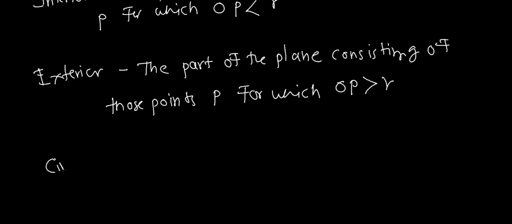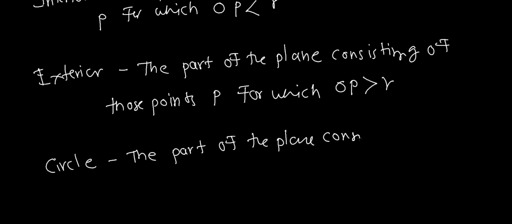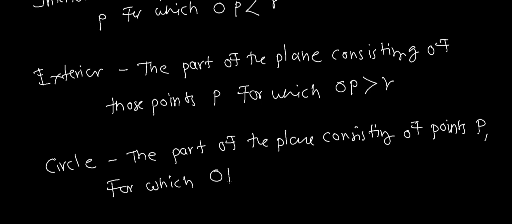And the last is the circle. This is the part of the plane consisting of points P for which OP is equal to R, that is the circle itself.